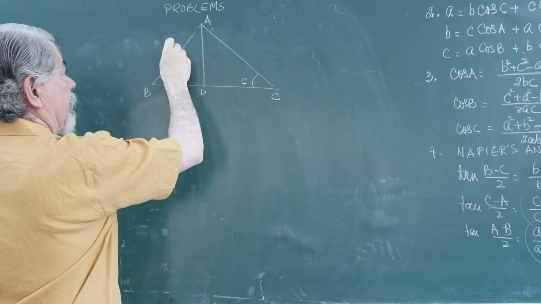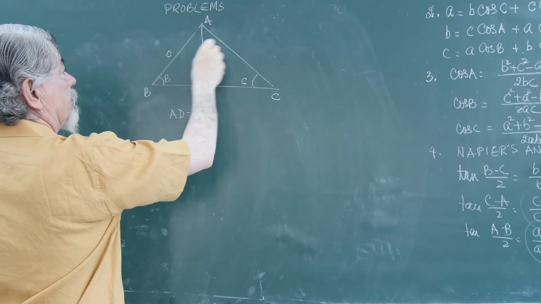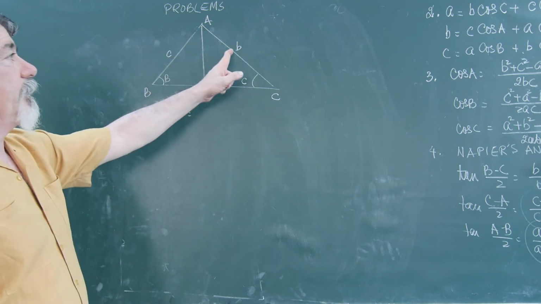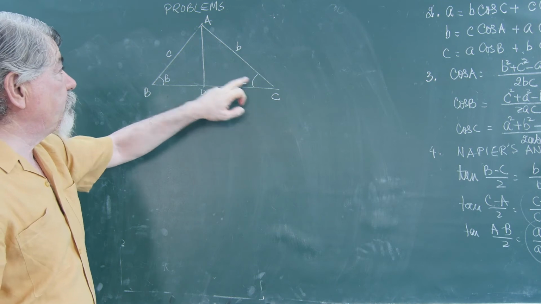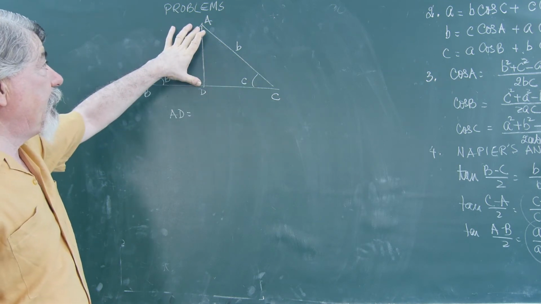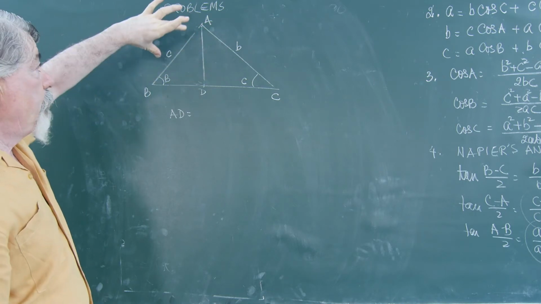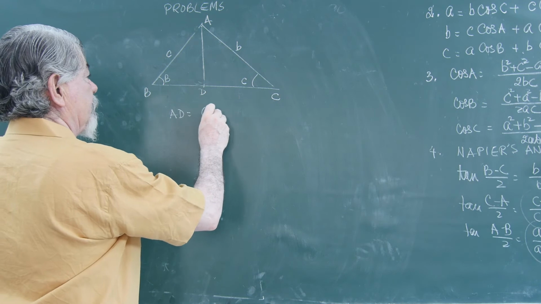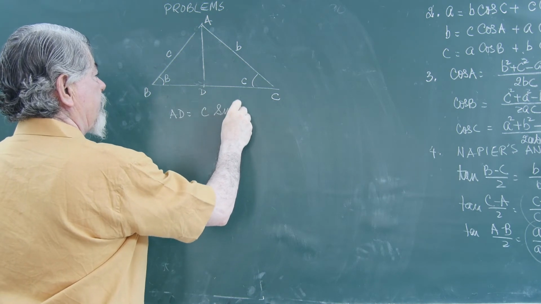Opposite to angle B is side b, opposite to angle C is small c. AD is the perpendicular. Perpendicular upon hypotenuse is sine theta. So AD can be written as c sine B.